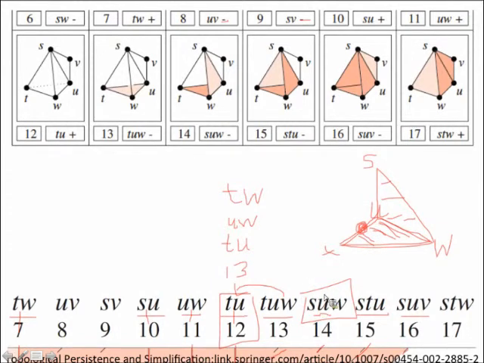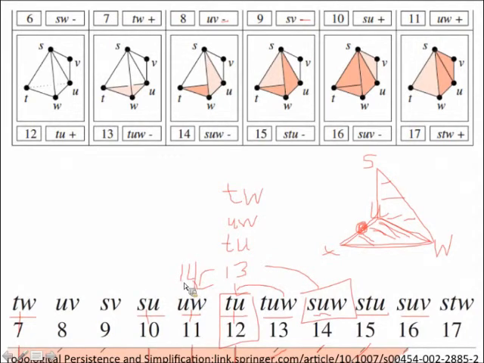When I now go back to SUW, well, I can choose SU, SW, or UW as long as they are positive. So I just go back until, well, TU is not part of that boundary. Then I can go back to UW, that is part of the boundary. And so we will pair 14 with 11, so we'll add a 14 here.